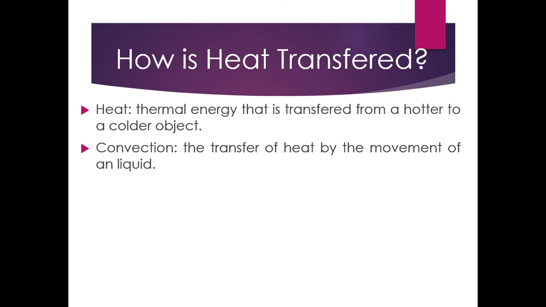But inside the pan, there is something that is a little bit more difficult to observe. So basically what is happening is that hotter water is coming from the bottom to the top of the pan. And colder water is going from the top to the bottom. So it's like a cycle or a circle that goes on and on.